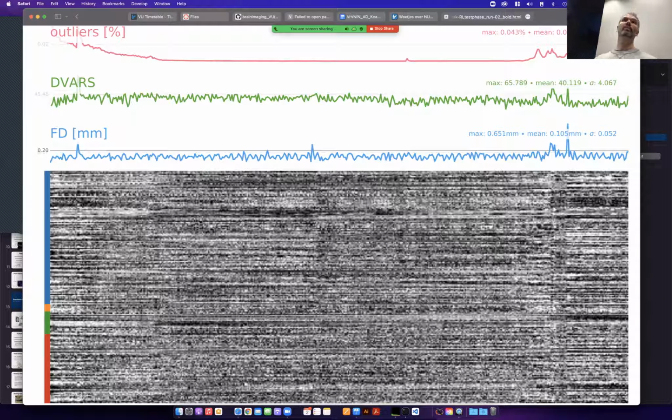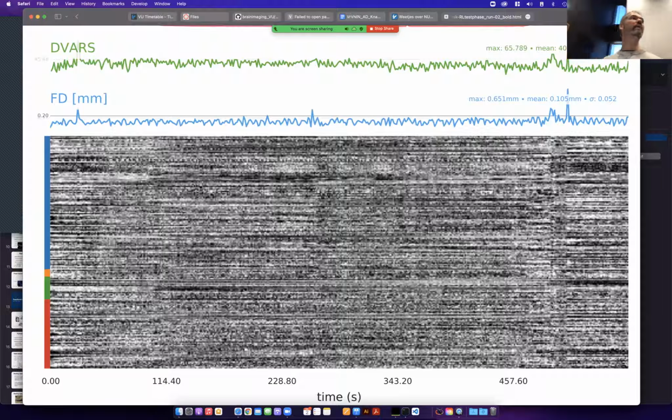As a subject, you're doing your best, and the experiment ends, and then you're like, okay, what do I do now? I'm seeing the computer screen, and we're just waiting. So people start moving, and this is a very clear example of what happens when people move. You see this enormous spike of signal being generated throughout the brain. If you were to look at a movie of this, you would see this movement very clearly.